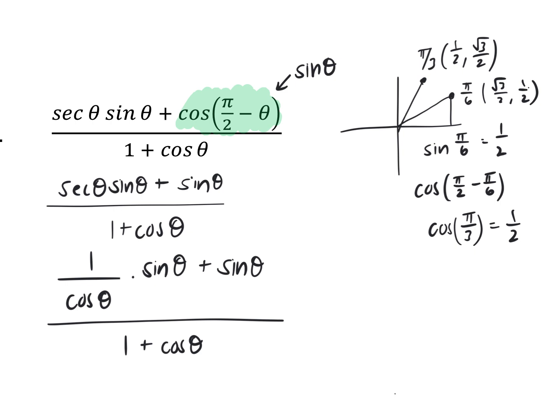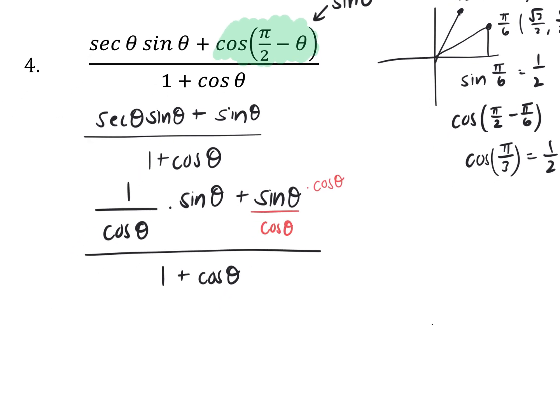Okay, if there's an addition sign, that means we probably should do that addition. So if I want to add these two things together in the numerator, what's my common denominator going to be? Cosine. So I'm going to multiply by cosine and then divide by cosine. And when I do that, I end up getting sine over cosine for my first fraction.